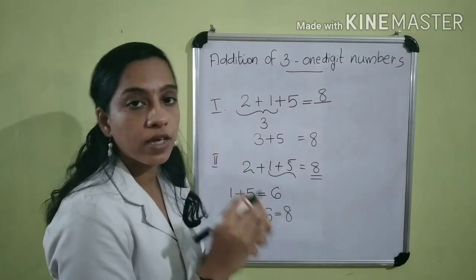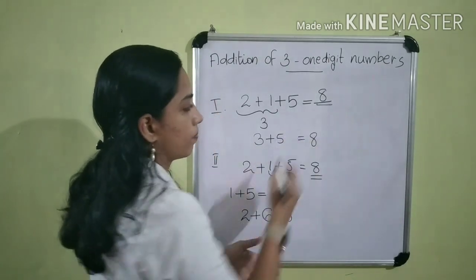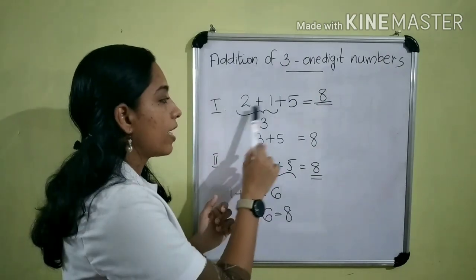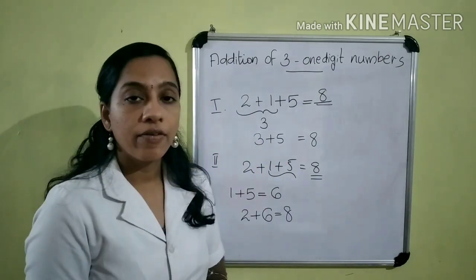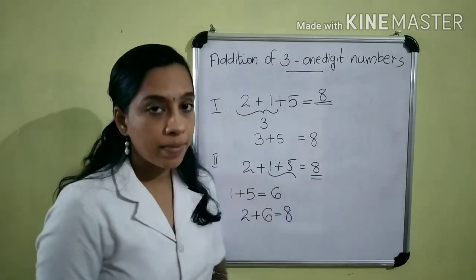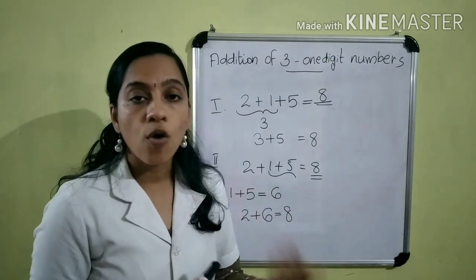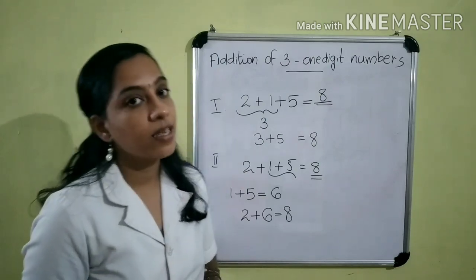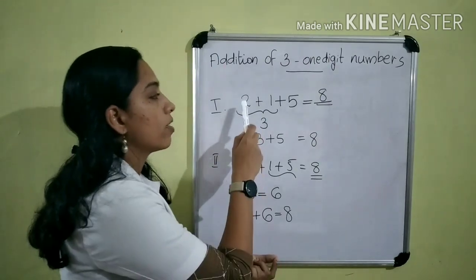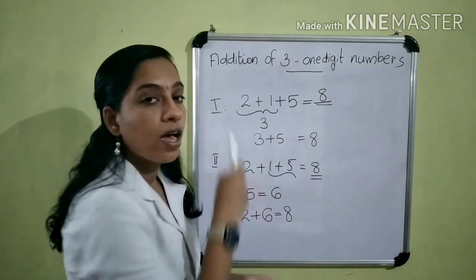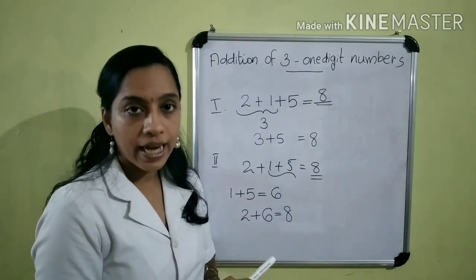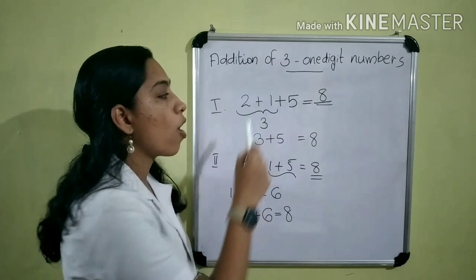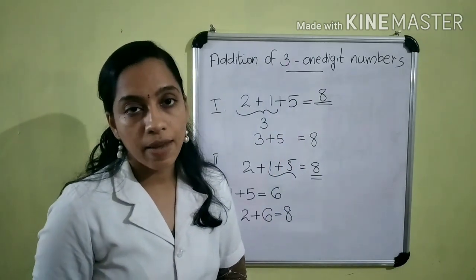In the first method also we get the answer 8. In the first method, we add the first two numbers. In the second method, we add the last two numbers. We can choose one more method, that is, we can add the first number and the last number, then add the second number with the sum of the first and last numbers.